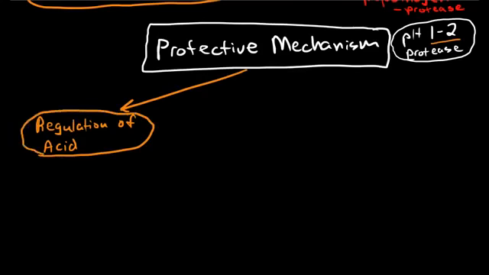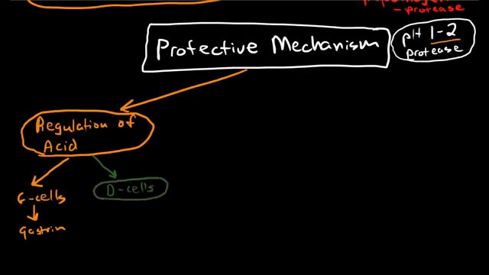So this regulation of acid production occurs because of the G cells and their secretion, which is gastrin, and the delta cells and their secretion, which is somatostatin. And this provides that negative feedback loop. So regulation of acid is very important.